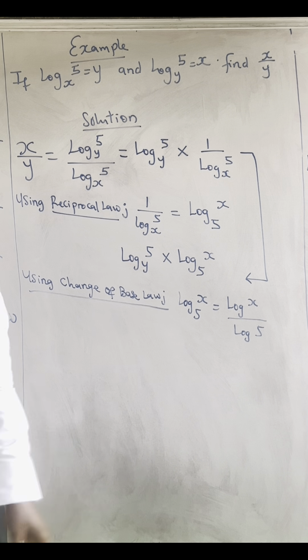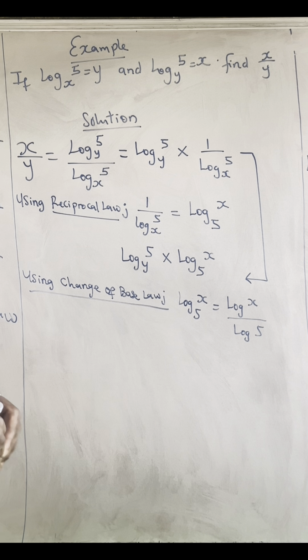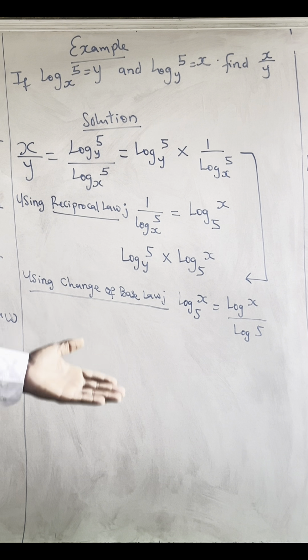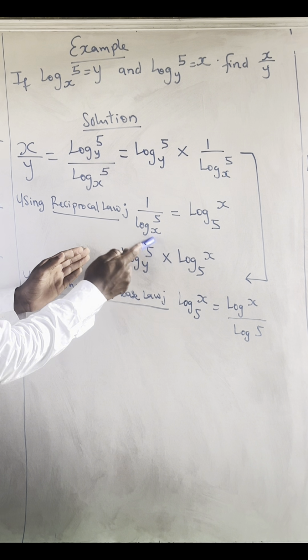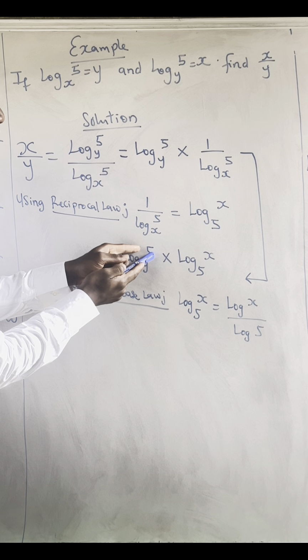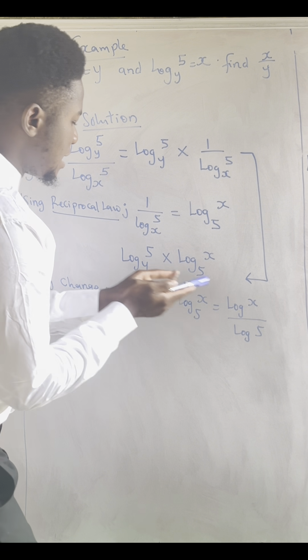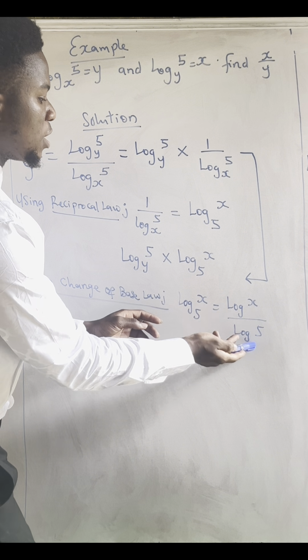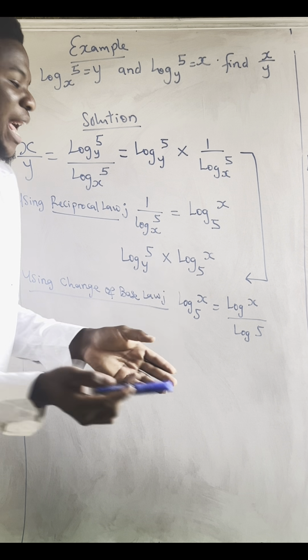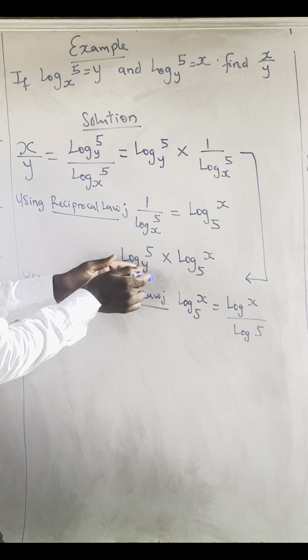So after you've done that, to give the equal base here, meaning that we have log 5 here. This simply means that the base of 1.